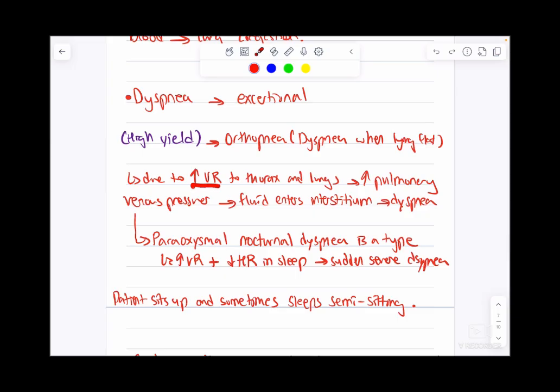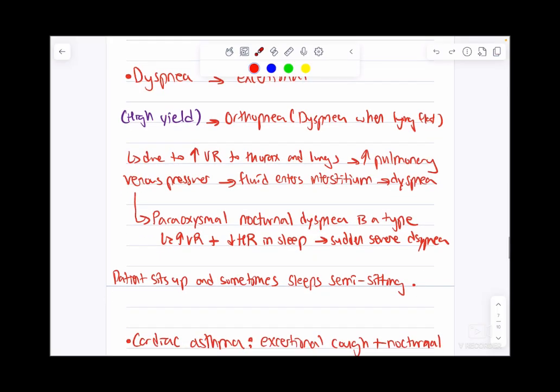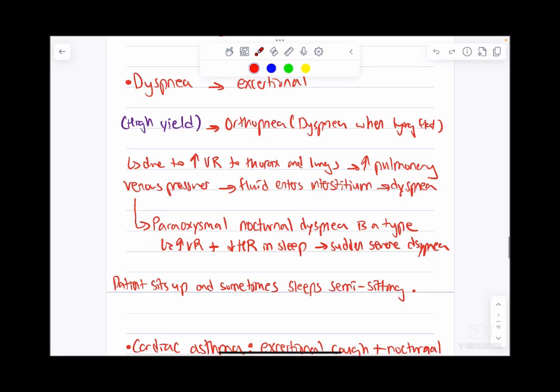Because we have increased venous return to the thorax and the lung, increased pulmonary venous pressure, and fluid enters the interstitium, and it causes dyspnea. And then we also have paroxysmal nocturnal dyspnea, which is a type of orthopnea. It's due to the increased venous return that happens when you sleep and decreased heart rate and breathing in your sleep, and this causes sudden severe dyspnea.